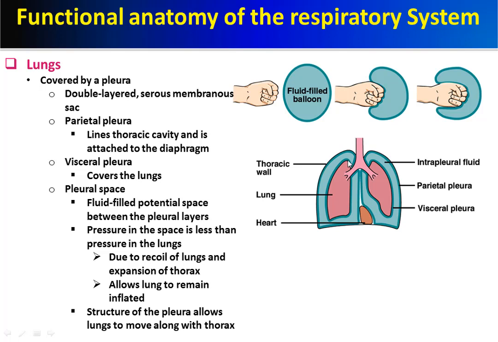The other layer of the pleura covers the lungs, and this is known as the visceral pleura. And what do we have between the parietal pleura and the visceral pleura? There is now a very thin, fluid-filled potential space, filled with a thin fluid layer between the parietal and the visceral pleura.